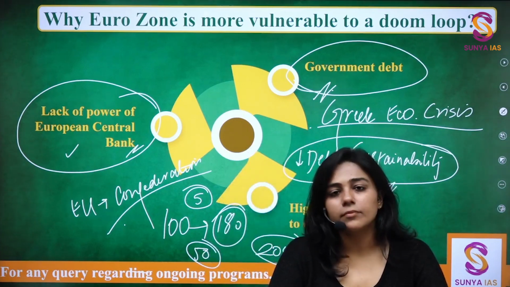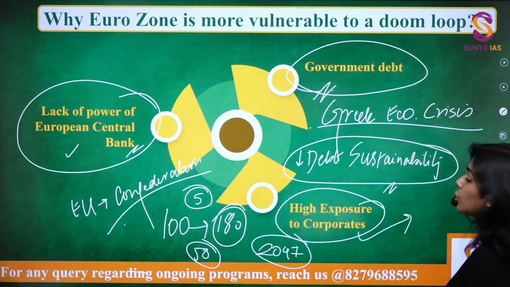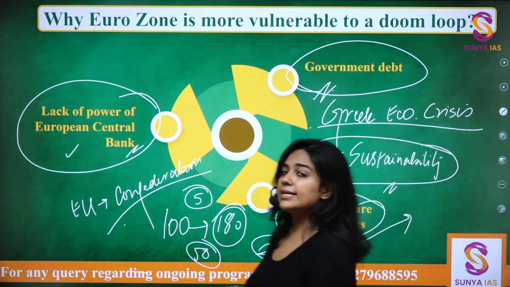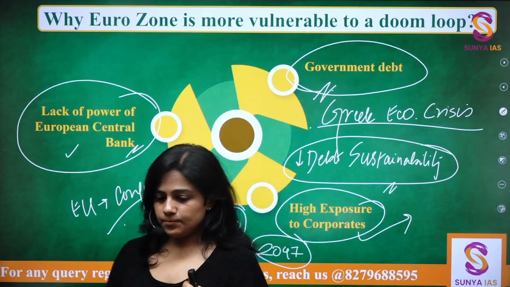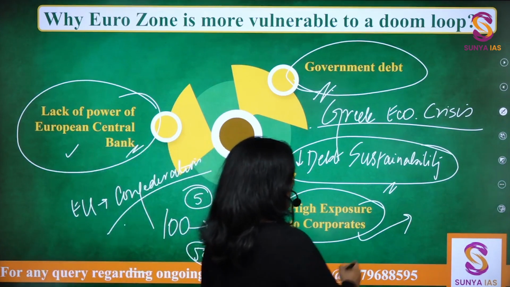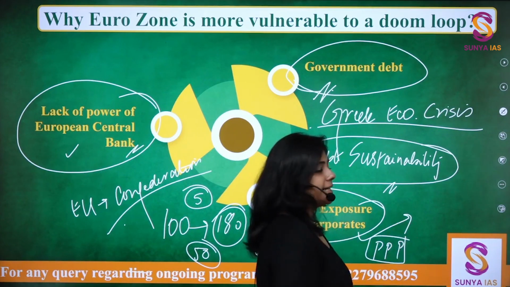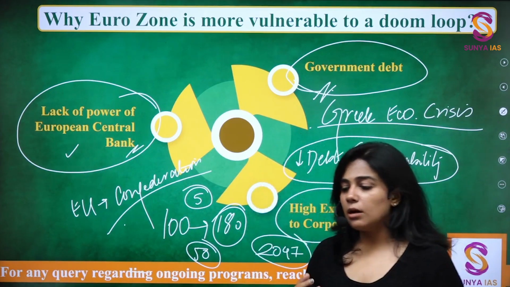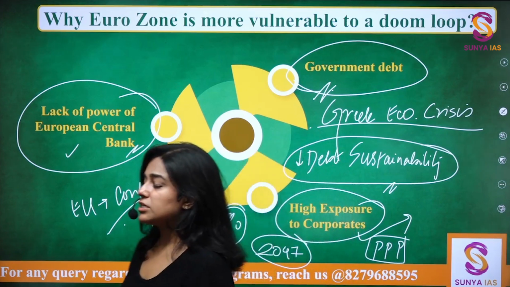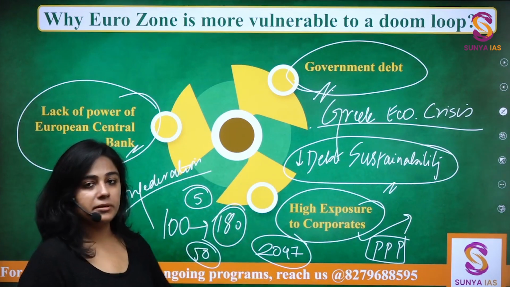Then again, another issue is that there is high exposure to corporates. When it comes to the sovereign debt also, in Europe, PPP is not an exception. Public-private partnership is not an exception. It is a norm. Governments collaborate with private companies all the time, and they service their debt in that manner.